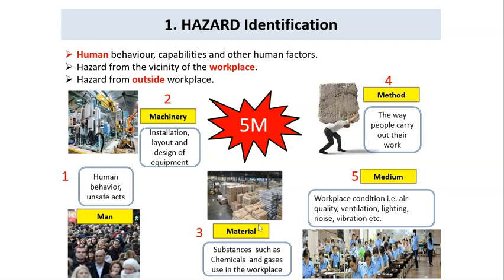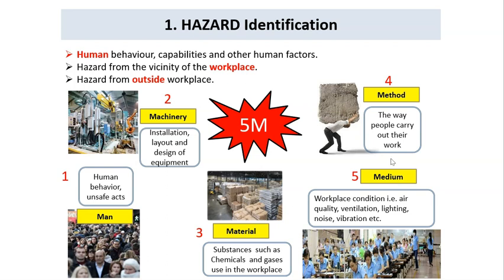And for material, it can involve the chemical or the medication at the clinic, and sometimes the workplace has gases, so it can have hazard there. And the fourth M is the method, the way they do the job. So mostly it involves material handling manually.